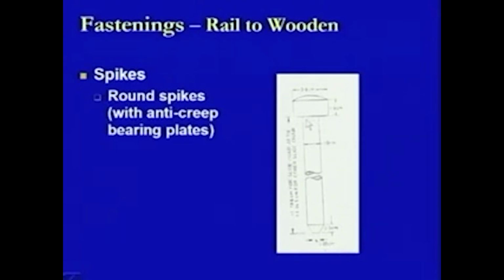When it is inserted into a hole, it works like a bolt. The top of the bolt is like this, so it will abut the surface and remain in place. The hole will be inserted into the bearing plate as well as the foot of the rail section, through which it will pass and fasten the rail with the wooden sleepers.